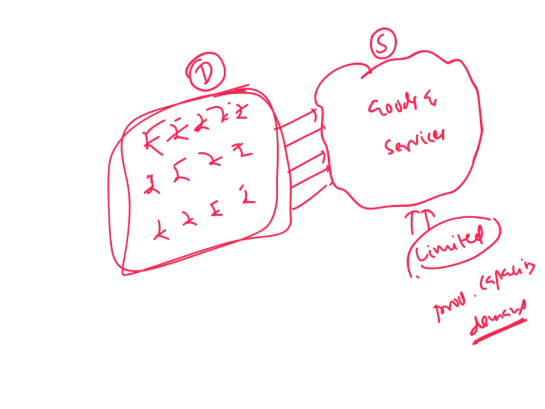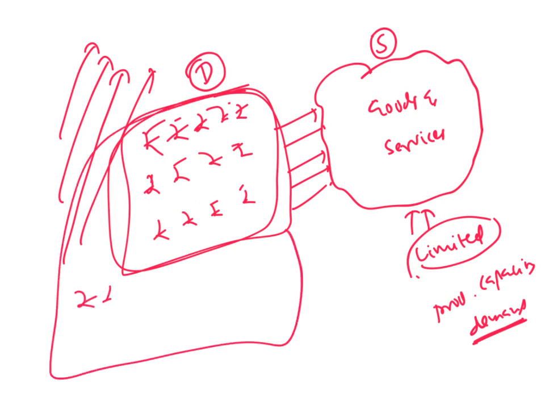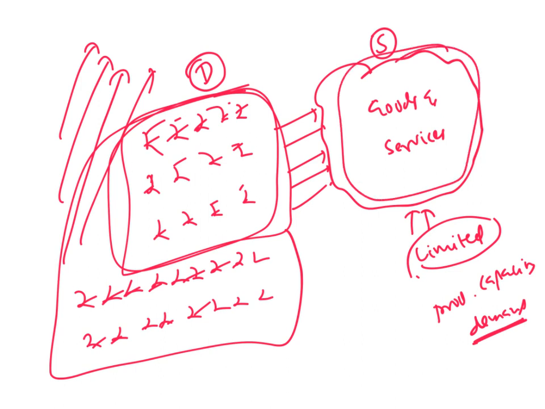Let's assume this money supply goes up multiple times, if the government starts printing money. Now what happens? More people have cash with them. Unfortunately, the goods and services produced by the country remain the same.